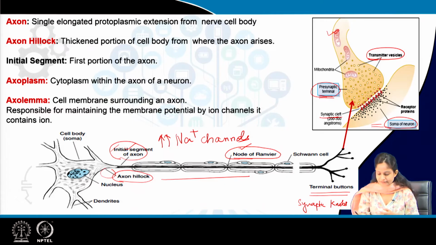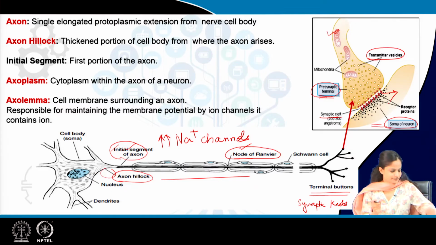The neurotransmitters get released from these vesicles, and the receptors are present on the postsynaptic terminal, because the postsynaptic terminal is the receiving end. So the receptors are always present on the postsynaptic terminal membrane. Whenever the neurotransmitters bind to the receptors, there will be an influx of positive ions or cations, and hence there will be conduction of the impulse.